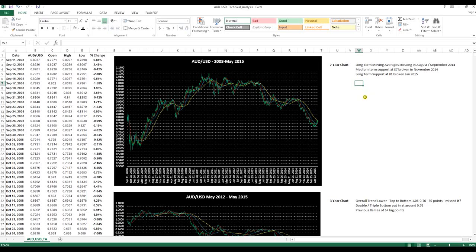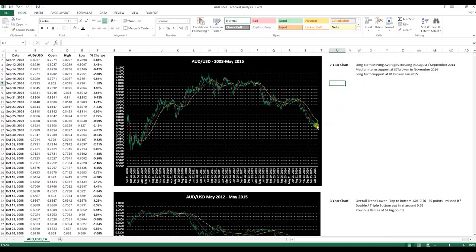And the first thing we notice is this big move here when we look at the bigger picture. And the big move started down in August, September 2014. And you have to put things into perspective when you're looking at charts, especially longer term charts.